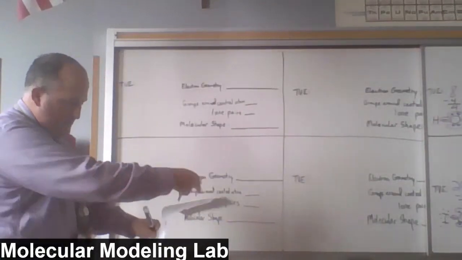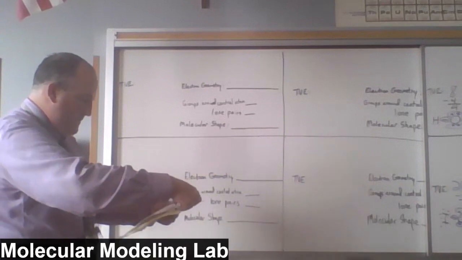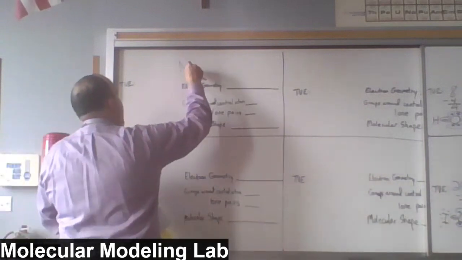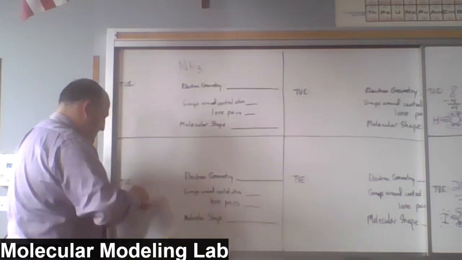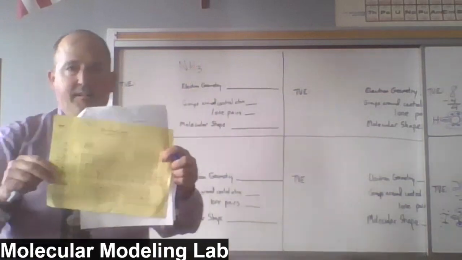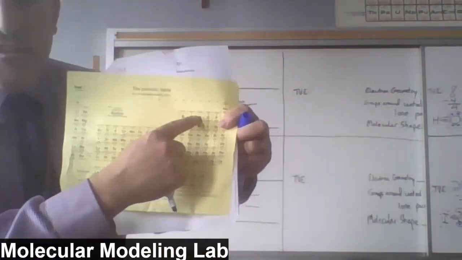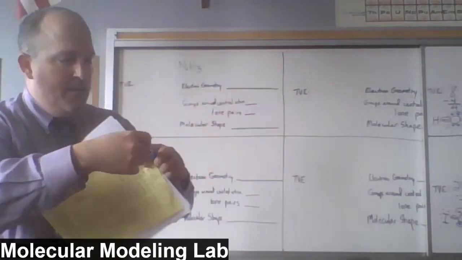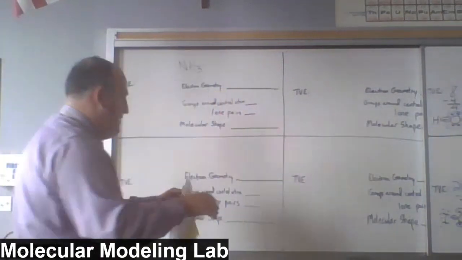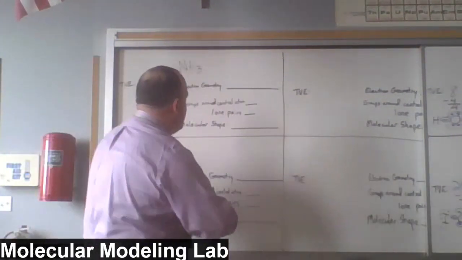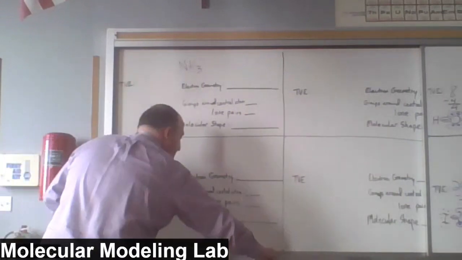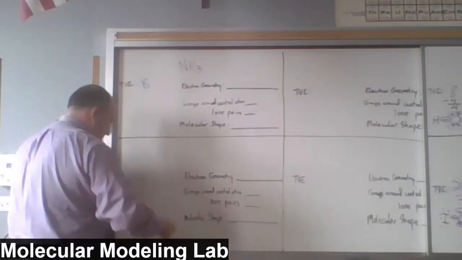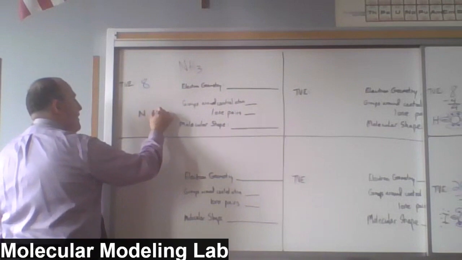Next, we've got NH3. Once again, we start by referring to the periodic table. So nitrogen has 5 valence electrons, and then 1 for each of the hydrogens. So 5 plus 1 plus 1 plus 1. That gives us 8 valence electrons to work with.